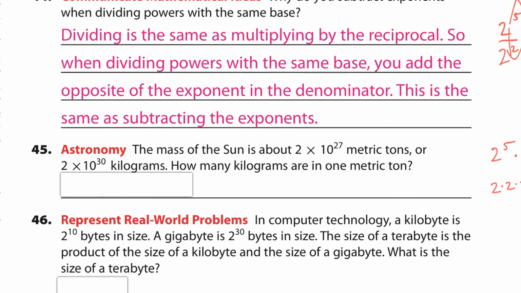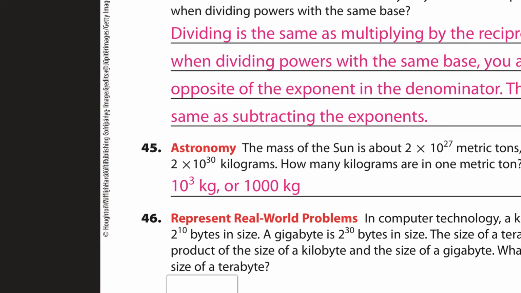The mass of the sun is about 2 times 10 to the 27th metric tons, or 2 times 10 to the 30 kilograms. How many kilograms are in 1 metric ton? Well, we got this. The way we would get this, I'll show you, is it's simply 2 times 10 to the 30th over 2 times 10 to the 27th.